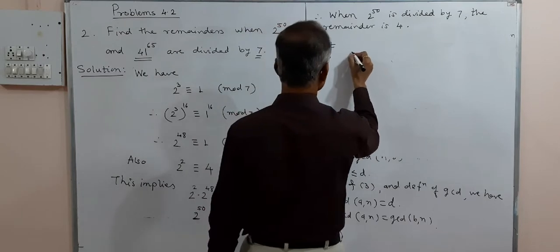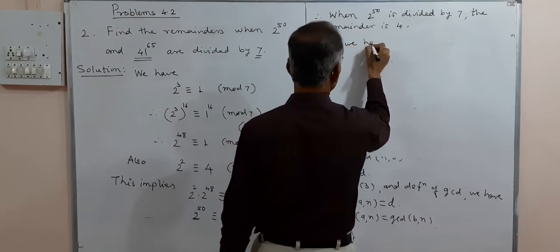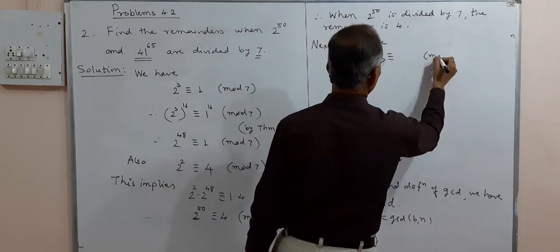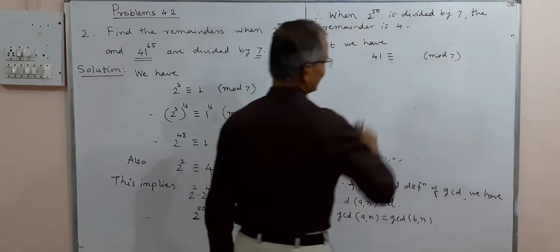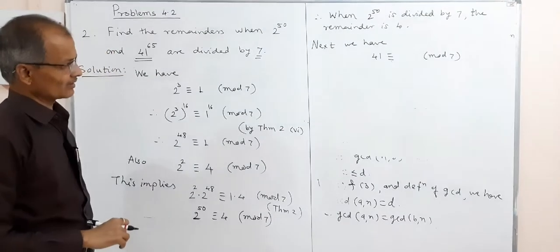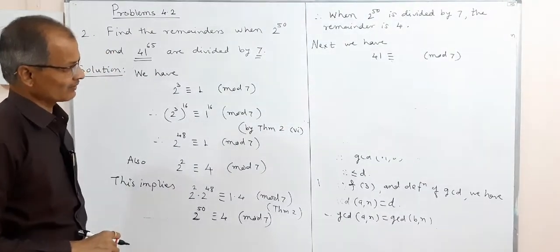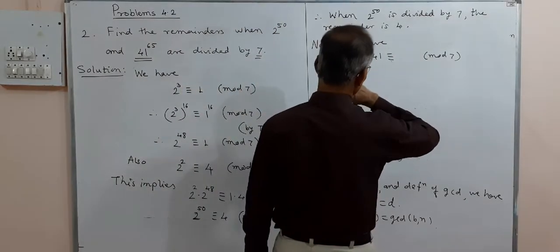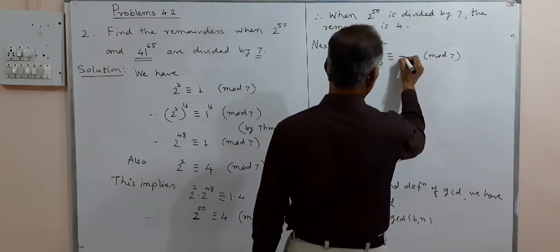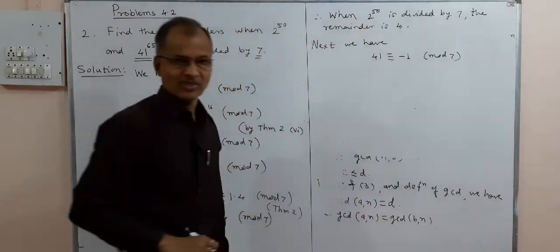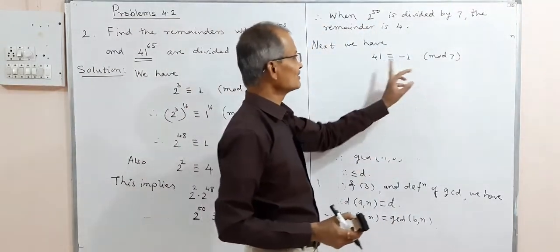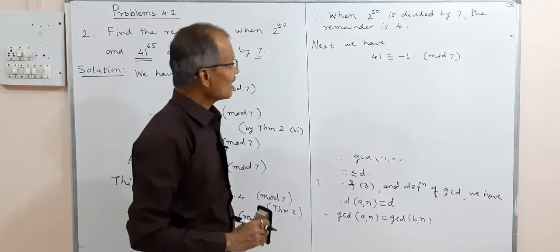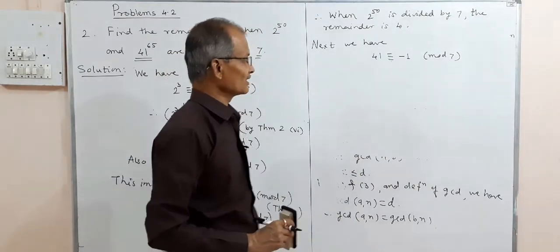Likewise, we can consider the number 41 to the power 65. We shall consider 41 itself, and it is congruent to which number under mod 7? We can consider 41 congruent to minus 1, because 7 divides the difference of these two: 41 minus 1 is 42, and therefore we consider minus 1.